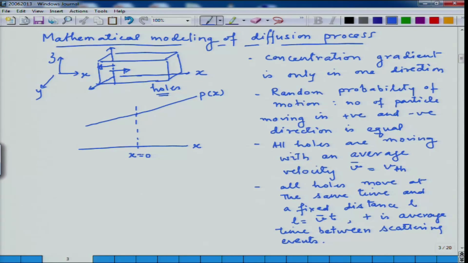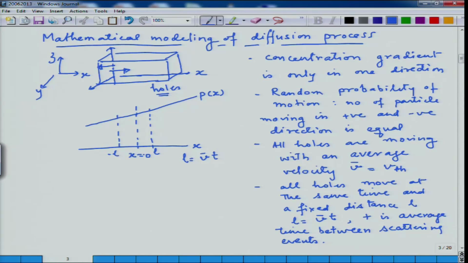What we are saying here is that there is a mean free path L for all holes, and this mean free path is given by the average velocity times t, the time between the scattering events.